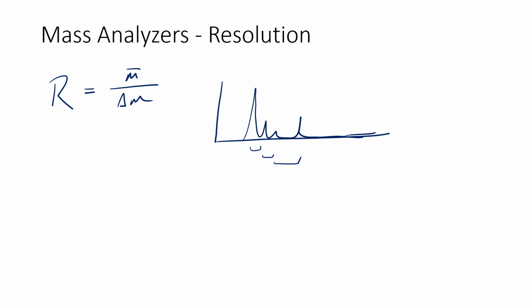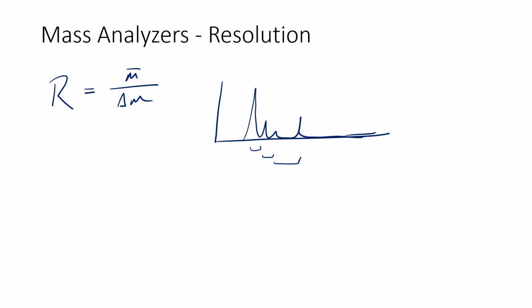Remember we saw when we did the tuning in lab on Tuesday, how we saw the peak and then we saw the little isotope peak. Remember this? Okay. That isotope peak didn't quite go all the way down the baseline on our instrument, but it went about as close to the baseline for the peak at 70 as it did for the peak at 210, as it did for the peak at 580 or whatever it was, right?